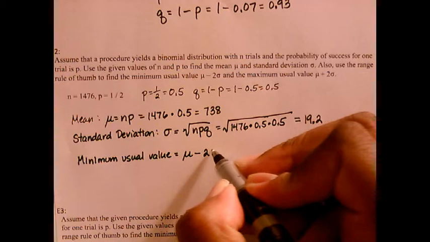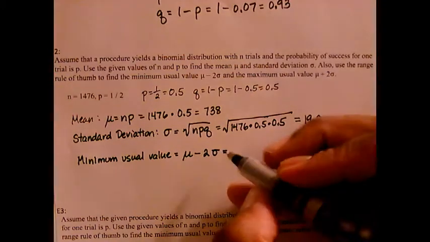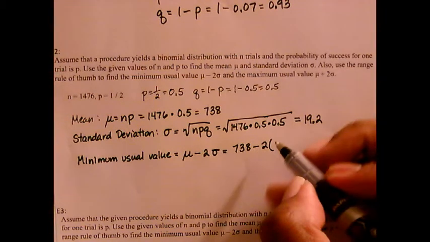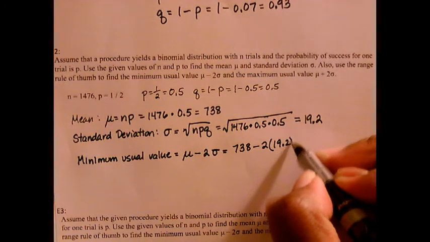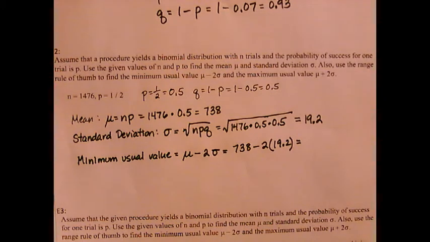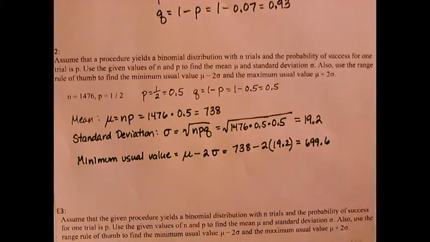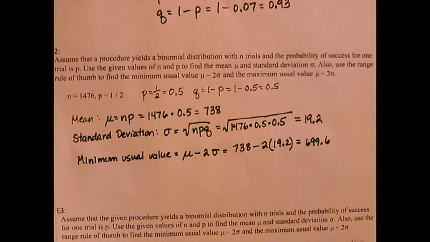That's mu minus 2 times sigma. Your mu was 738 minus 2 times sigma, which is 19.2. So if you do 738 minus 2 times 19.2, you get 699.6.